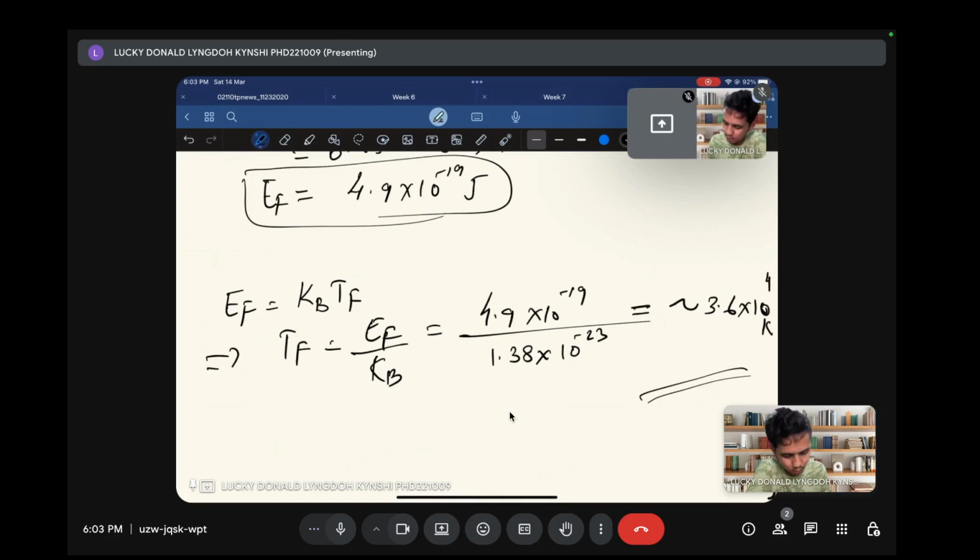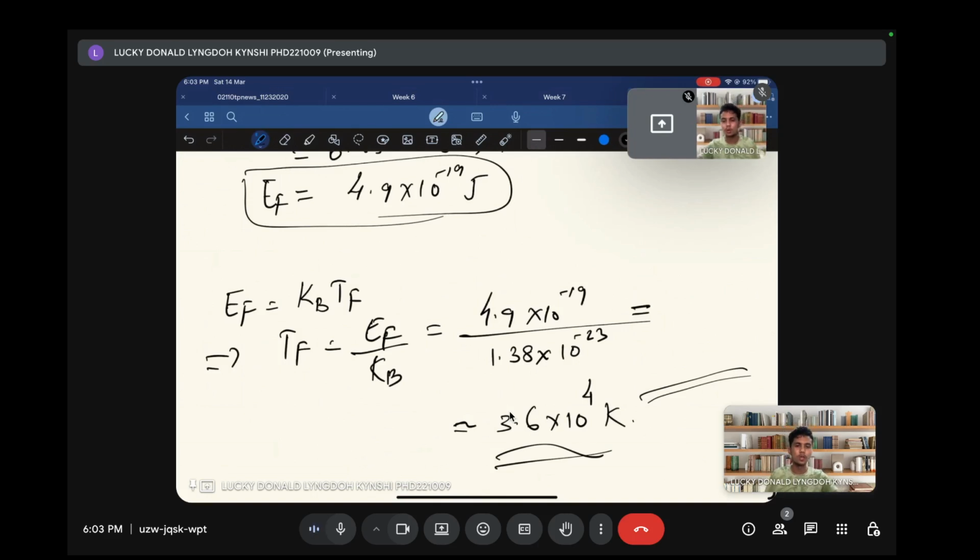Okay, maybe just write it here: 3.6 into 10 to the power 4. That means close to 10 to the power 5 Kelvin, or 3.4 into 10 to the power 4 Kelvin. You can just cross check the calculation.